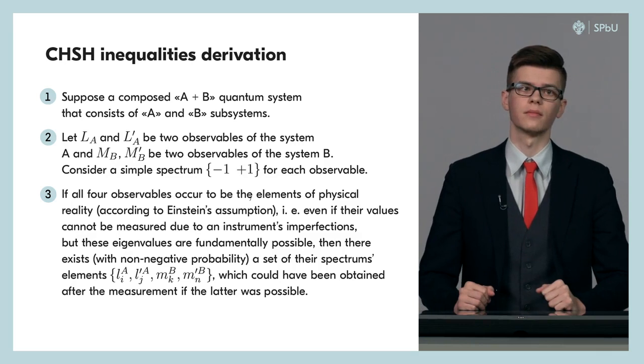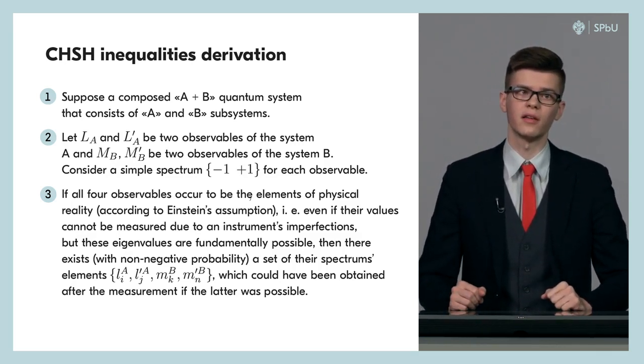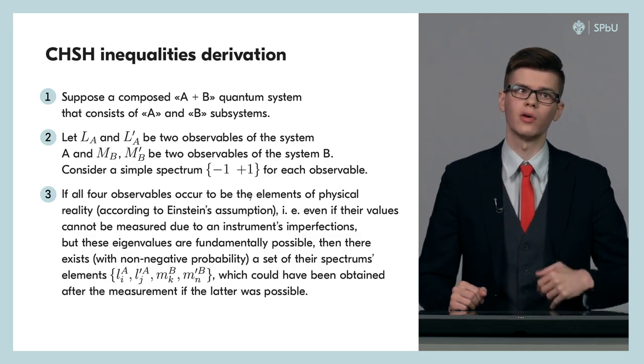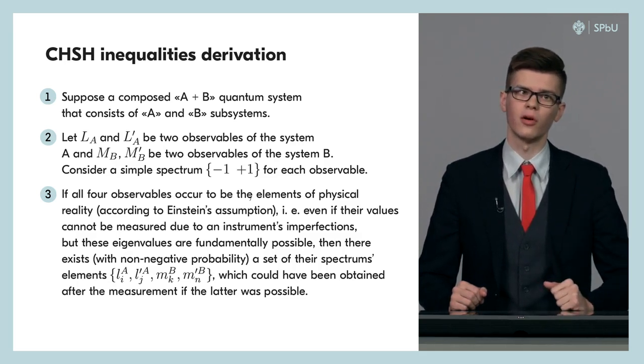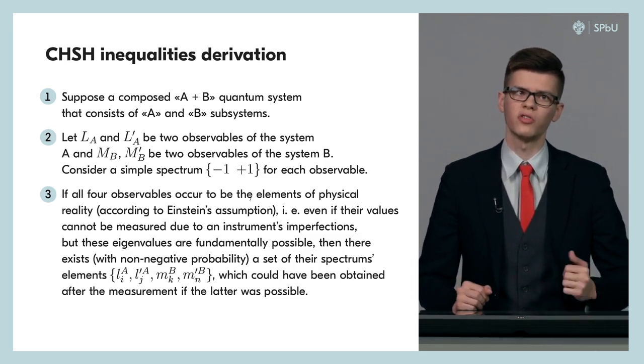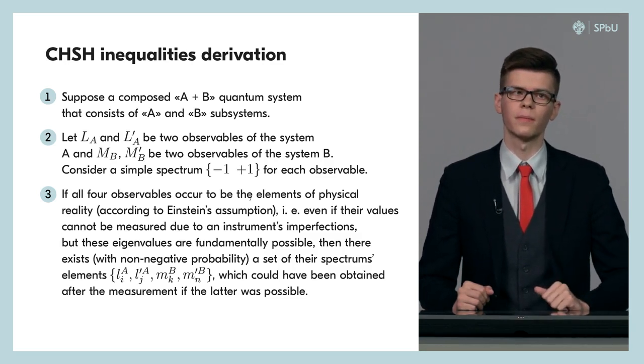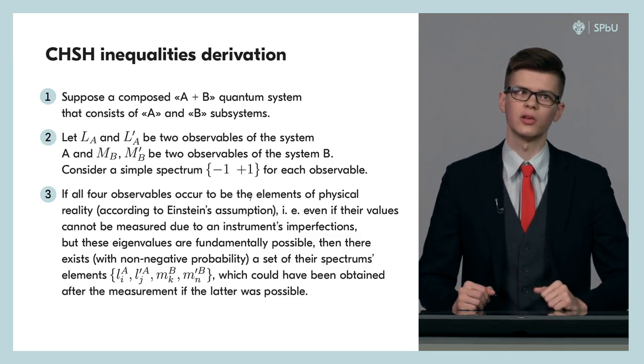This means that we will find the maximal possible value of S and the minimal possible value of S. So, if we assume Einstein's position and consider all four observables to be elements of a physical reality together, i.e. the values exist even though our rough instruments don't allow us to measure them, then there exists an arbitrary set of observable values, i.e. a set of their spectrum's values. For example, there exists a set containing only the value of +1 for each observable.